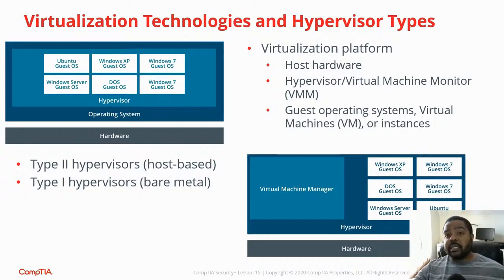That's where you see things like VirtualBox or VMware platforms come into play, where you actually download it on your personal PC, but then you can spin up a Mac OS on a Windows platform on your personal machine. So that's type 2 hypervisors.